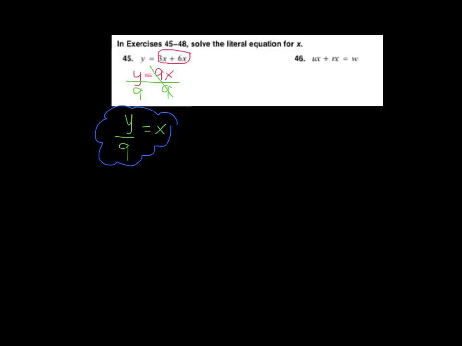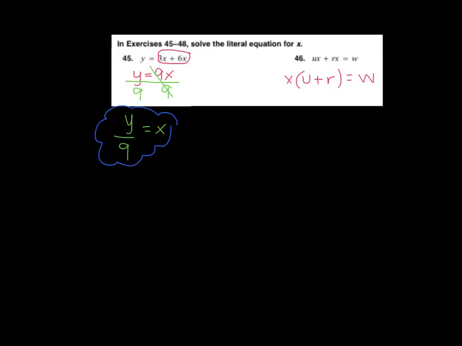So we talked about how you could factor, and factoring is just undoing multiplication. So if I divide out that x and bring it to the front, like that multiplication had never occurred, that would leave me with x, open parentheses, and then u plus r, close the parentheses, equals w.